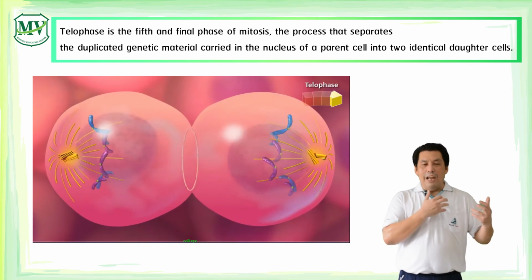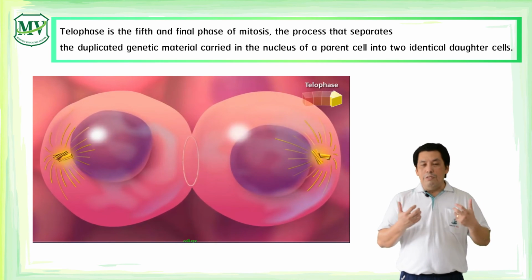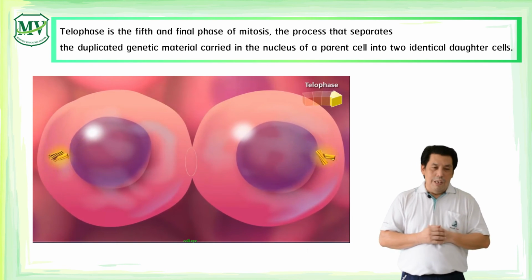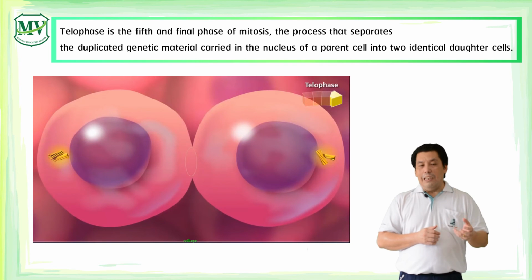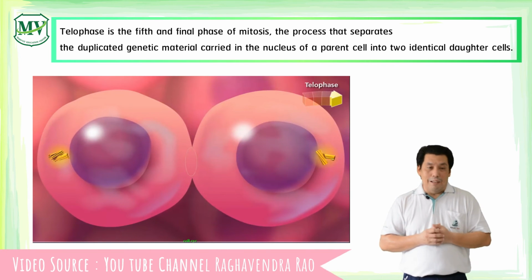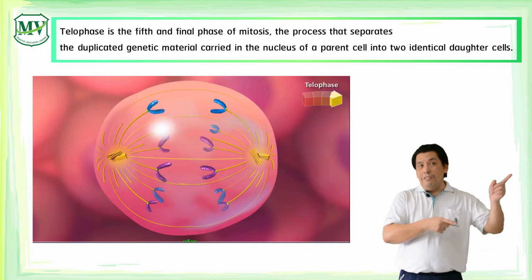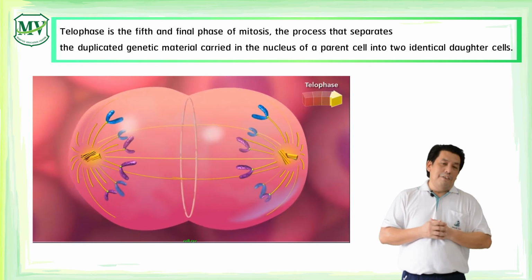The new nuclear envelope forms around the two sets of separated daughter chromosomes, creating two separate nuclei inside the same cell.